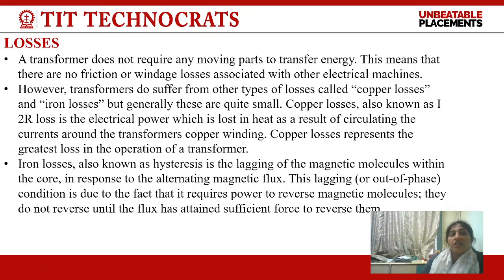This means that there are no friction or windage losses associated with other electrical machines. However, the transformer does suffer from other types of losses called copper loss and iron loss. As a transformer is a static machine, it is fixed at one position and doesn't move, so mechanical losses are not associated with it, but the losses associated with a transformer are the iron loss and the copper loss.